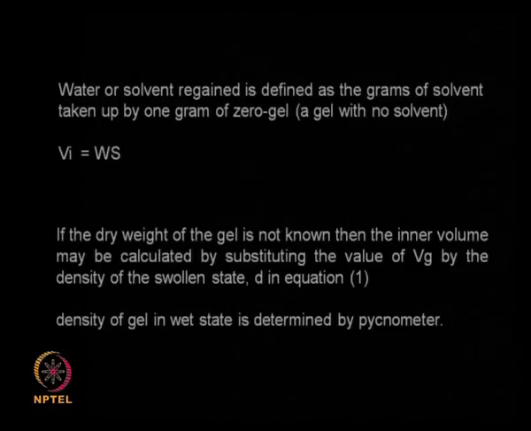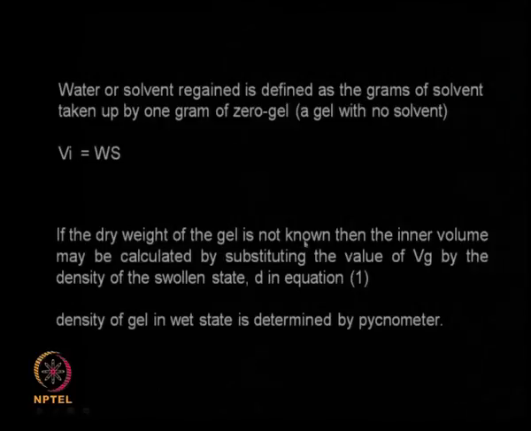You can take the gel particles, dry them thoroughly in an oven, and then see the volume occupied by them. That is one way of looking at the gel volume. The water or solvent regain is defined as the grams of solvent taken up by 1 gram of zero gel. Zero gel means the gel does not have any solvent, that means it is very dry.